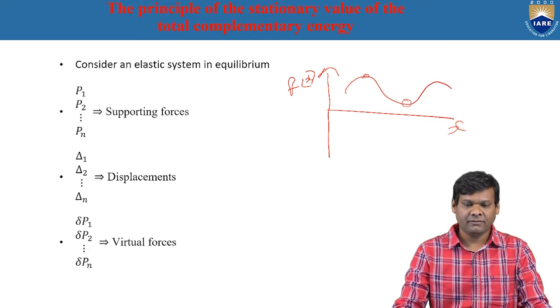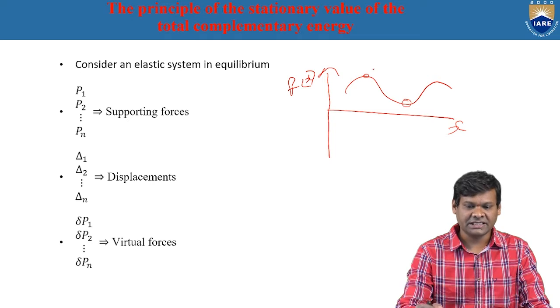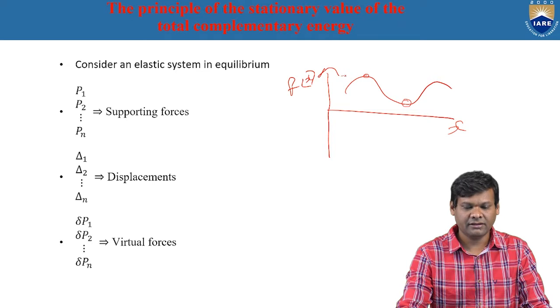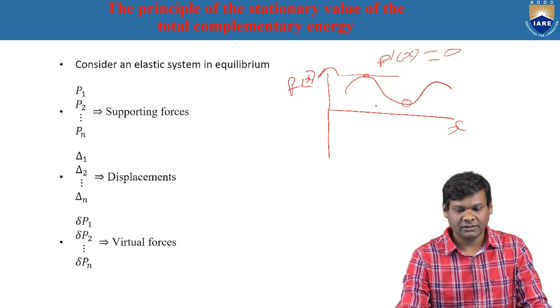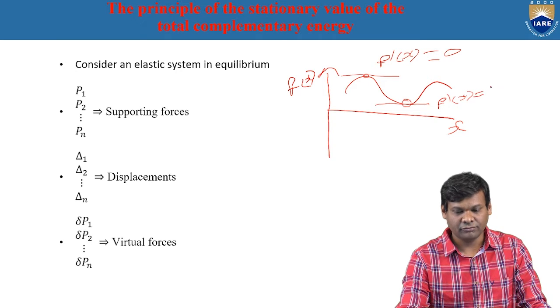At a point of either minima or maxima, we have f dash equal to 0. f dash of x at a point equals 0, and here also f dash of x equals 0.